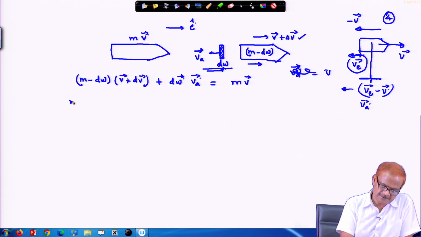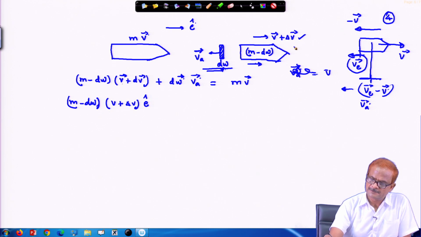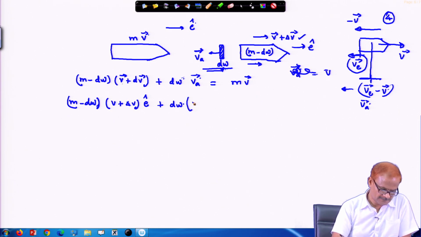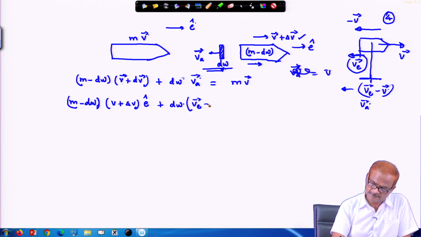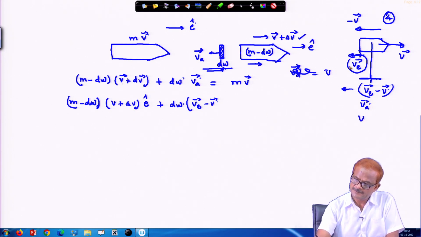So, this we can insert here in this place and expand it also, dw. This we write as v plus delta v, in the e cap direction that we are taking here, and plus delta w and v a, as we have written here, this is v minus v. So, this also we change here itself, v we have shown here in this direction.